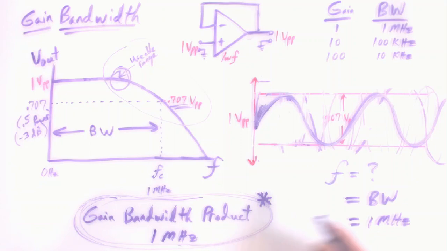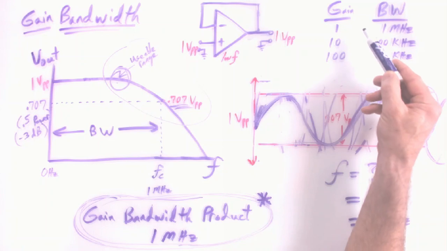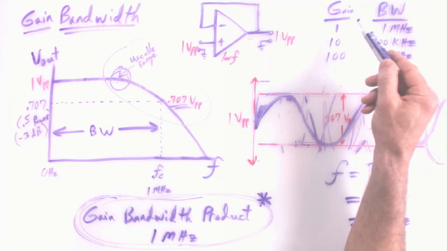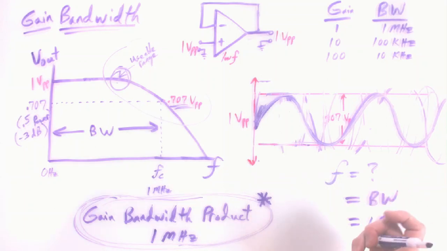What I'm kind of hedging on here is, is the gain bandwidth product perfectly constant throughout the operating range that you might experiment with? Like, for example, throughout a gain of 1, 10, and 100, does the gain bandwidth product stay perfectly constant? And I want to say that I've seen that happen for some and not for others.